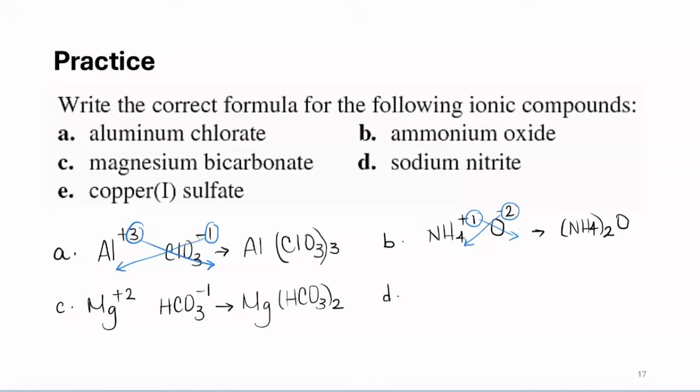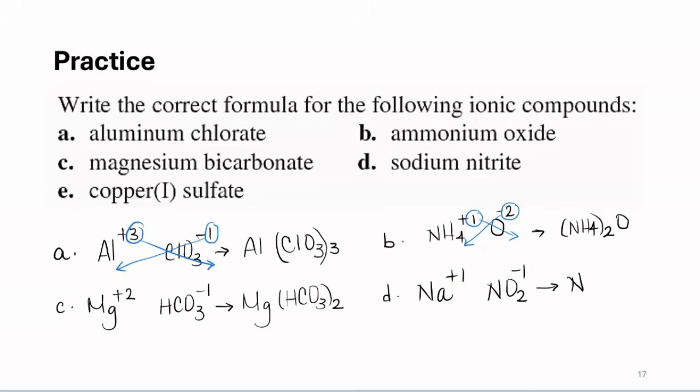Let's now do letter D, sodium nitrite. Sodium is Na, and it has a charge of +1. Nitrite is NO2, and it has a charge of -1. In this case, because the charge of the cation cancels with the charge of the anion, all I have to write is just the atoms.